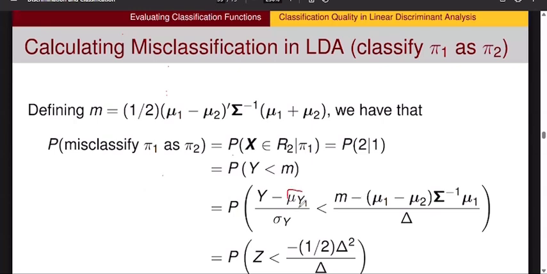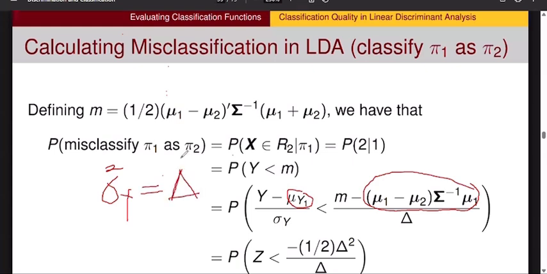Then the mean, you remember the mean that I talked about before. This is the mean of the linear combination of the first group. And what did I call the sigma squared y? I referred to that as delta squared, but in a z-score the denominator is the standard deviation, and that's why I'm finding the square root. The square root of delta squared is going to be delta. Take a look at that.